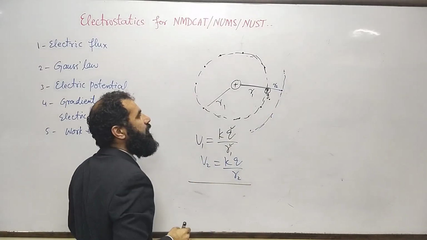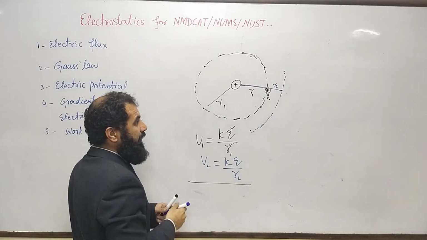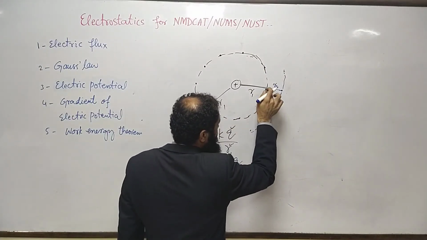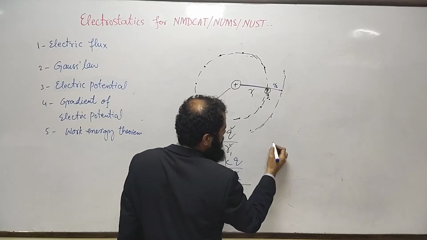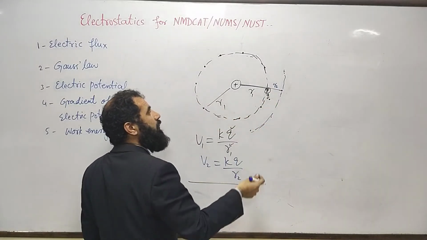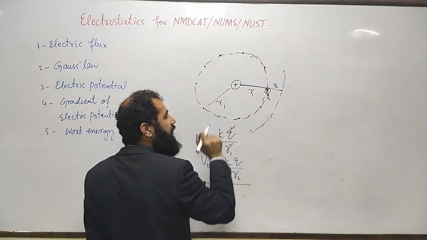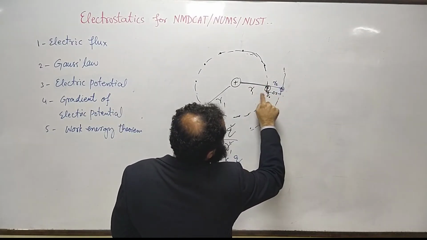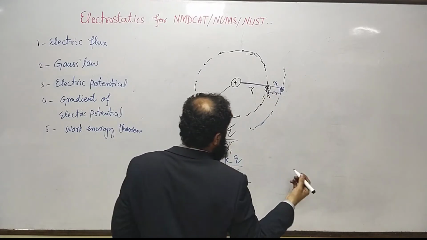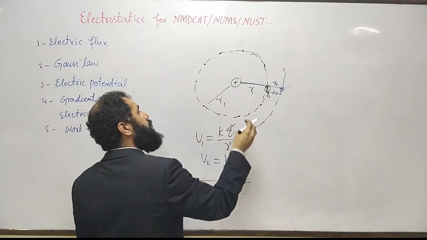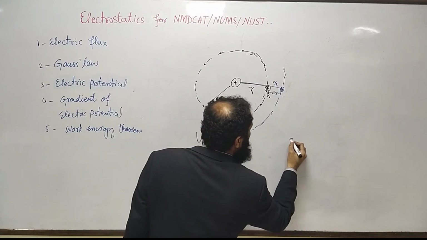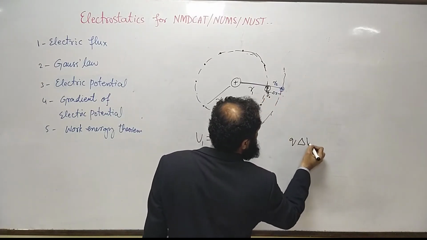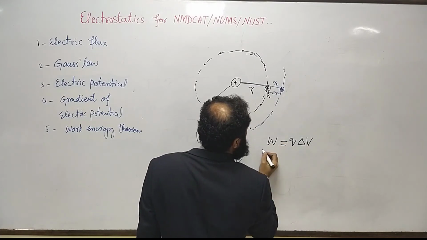And then we can define that to move this from here to here, there is a work, and that work is done by this electrostatic force. Now the work done by this charge on this charge in moving it from here to here can be written as the product of charge multiplied with potential difference. That is the work done.